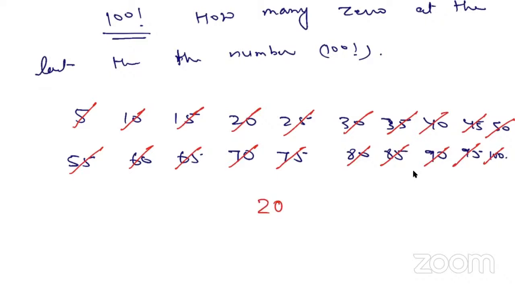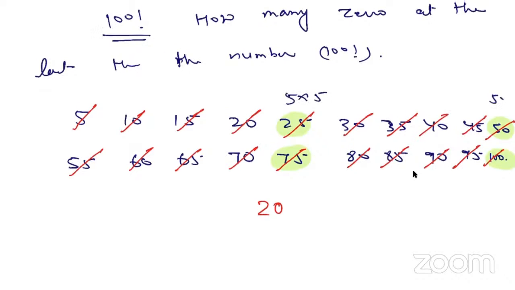But after this, if you can see, 25 is a number, 50 is a number, 75 and 100. These all contain 25. So with every 5 into 5 we are getting one more zero, so we add 4. The total number of zeros will be 24.